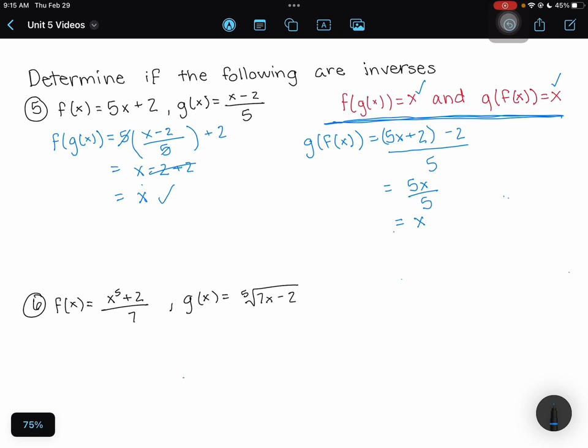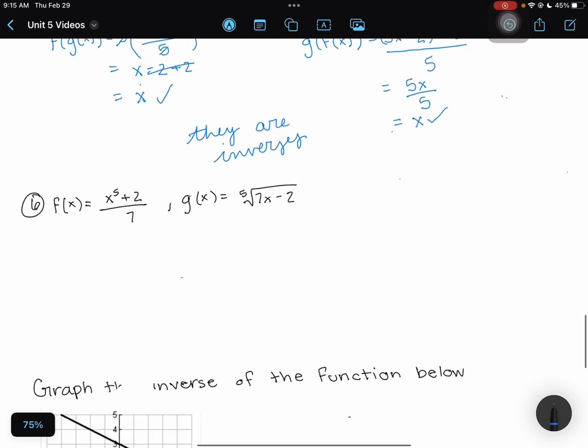So since these conditions are both true, then they are inverses of one another. Okay? And no matter what the functions are, that's the way that we are always going to check them.